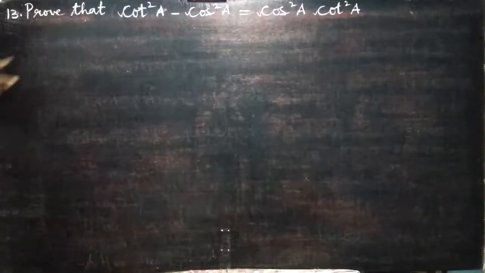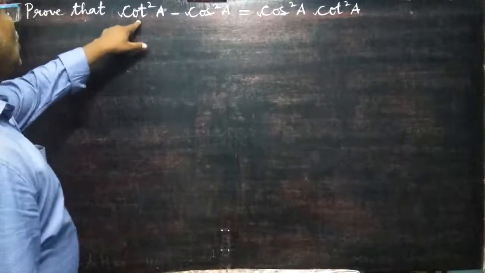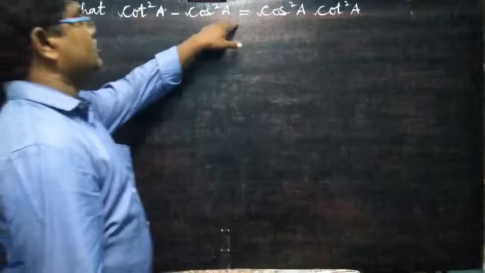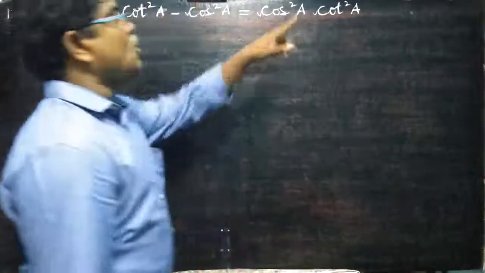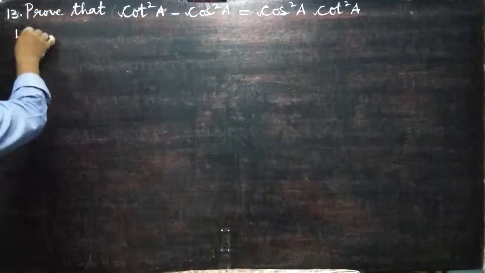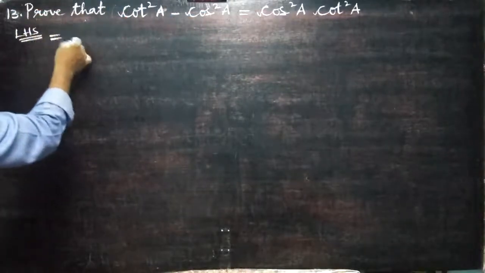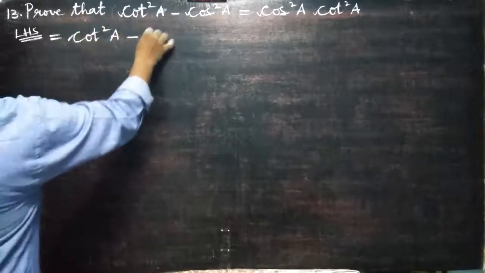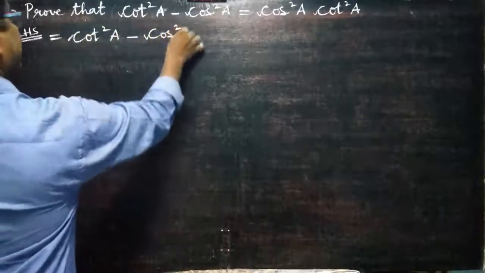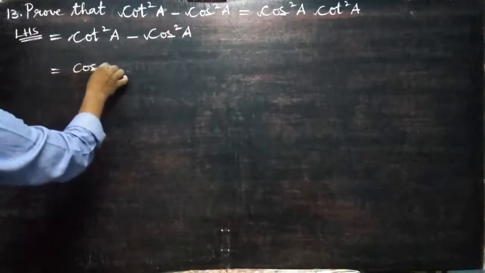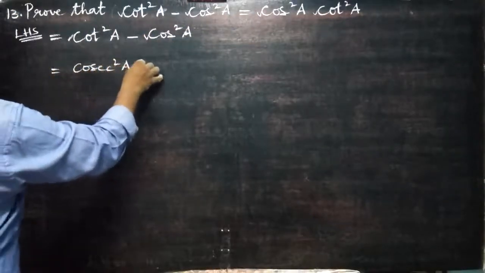13th problem. Prove that cot square A minus cos square A is equal to cos square A into cot square A. So take LHS. What they have given means cot square A minus cos square A. Cot square I am writing as cosecant square A minus 1.